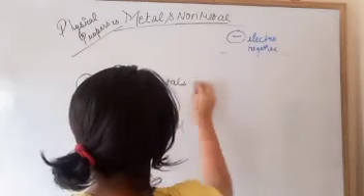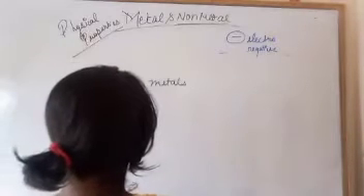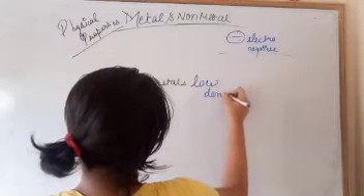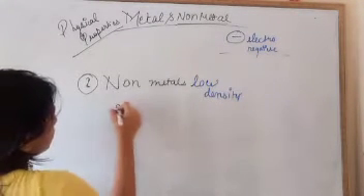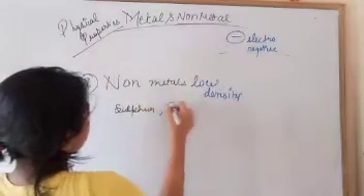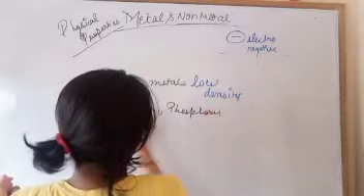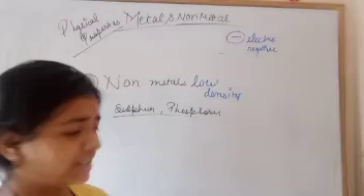The next property is non-metals have low densities. For example, sulfur and phosphorus, they both have very low densities.